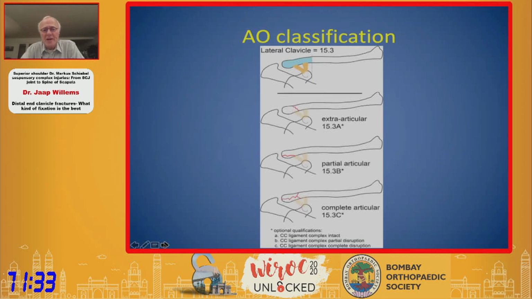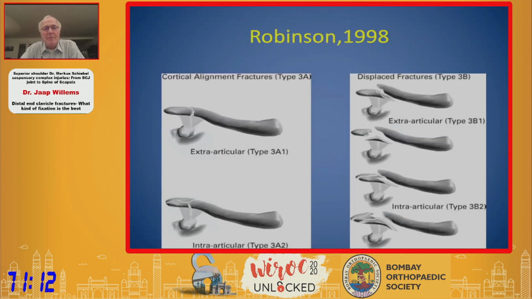The AO classification is a little bit more simple, but not very easy to use, basically, because here is the description being medial to the ligaments, here extra-articular, partial articular, and completely articular. I think that is not a very convenient classification. The same for the Robinson one. He divided between cortical alignment or displaced fracture, and it is also not so frequently used.